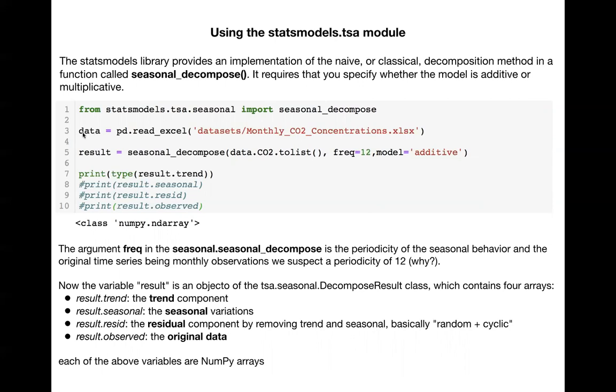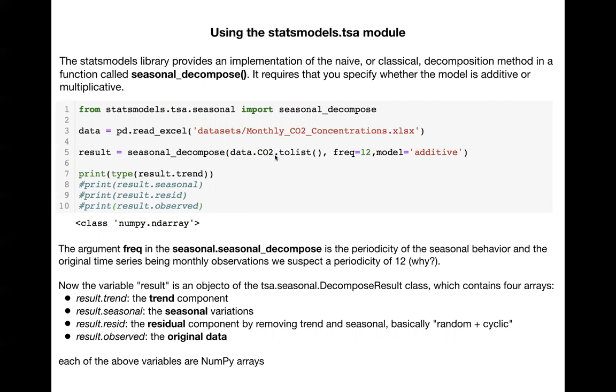First of all, we load the data into a pandas data frame. That's the CO2 concentration data you've been working on since yesterday. Now we call the seasonal_decompose function. The syntax goes seasonal_decompose(data.CO2.tolist()).